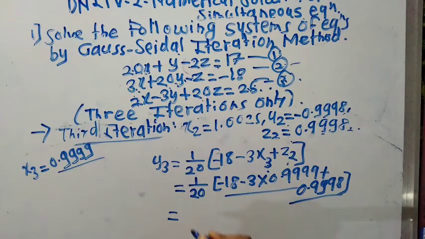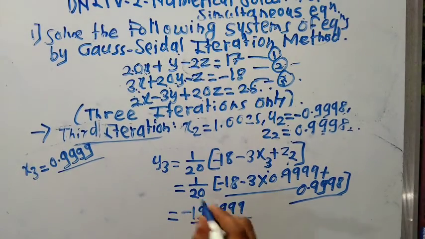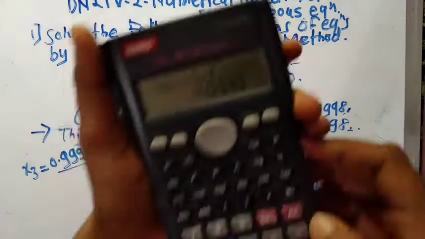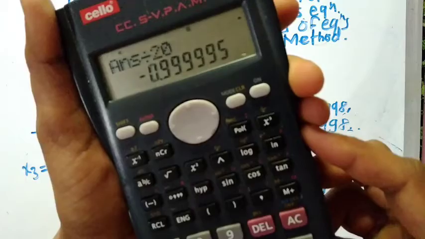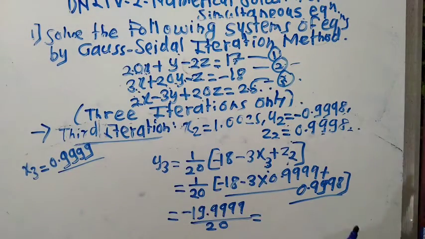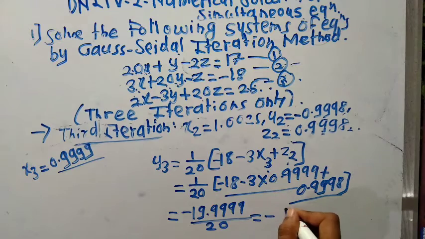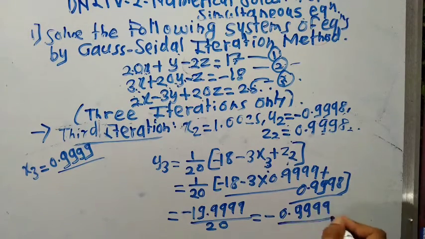19.9999. Minus 19.9999 divided by 20, which is equal to minus 0.9999.